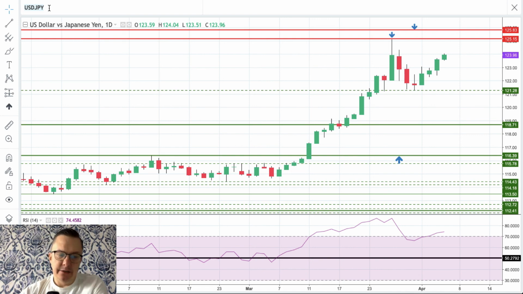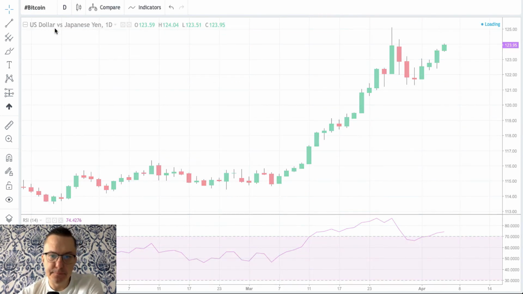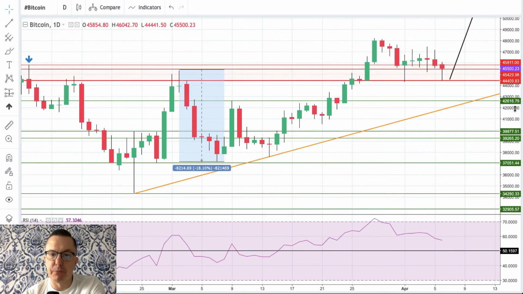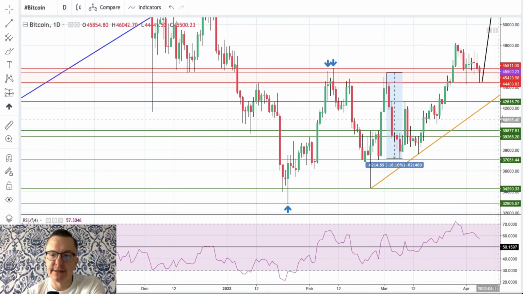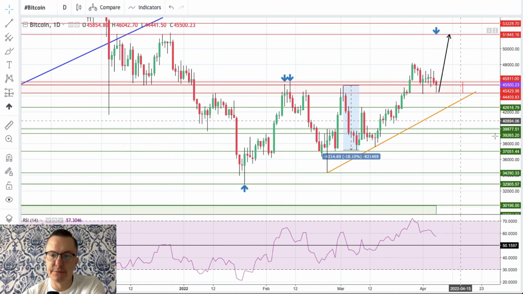Last but not least, Bitcoin. Daily time frame chart of Bitcoin shows another test of 44,409. So this technical support, current technical support, old technical resistance, is being recognized by market participants, and it's being traded.